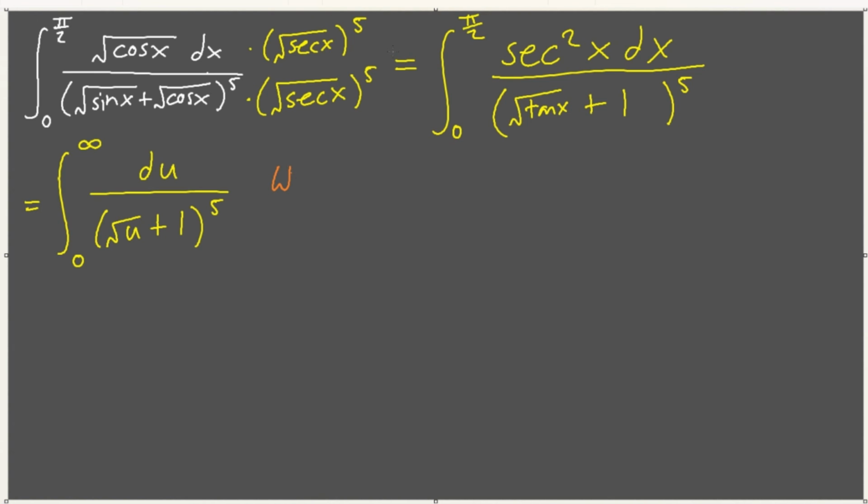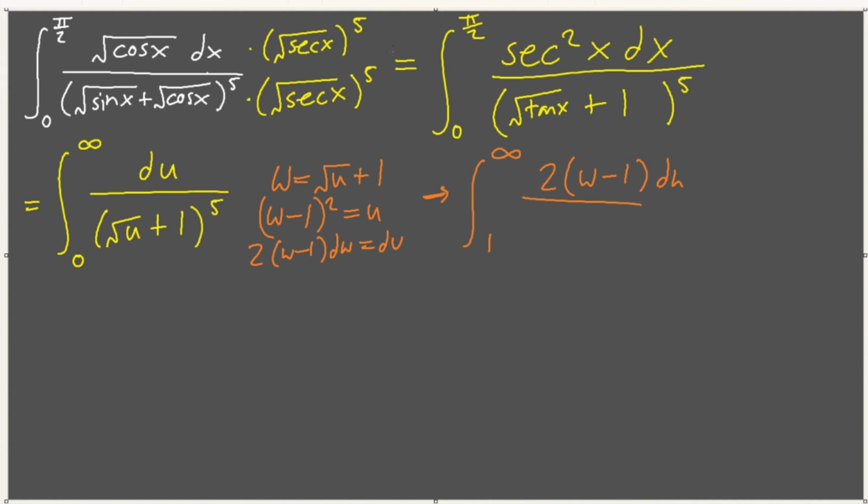Let w equal square root of u plus 1, then w minus 1 squared equals u. Then we have 2 times w minus 1 dw equal du. Don't forget the bounds: 1 to infinity, it's not 0 to infinity. A lot of people would make that mistake. Then 2 times w minus 1 dw, over w to the power of 5.